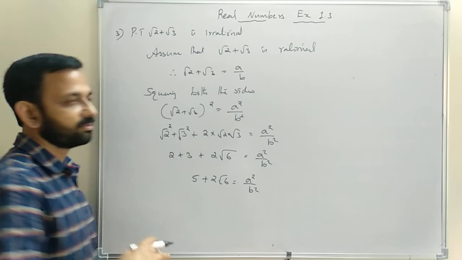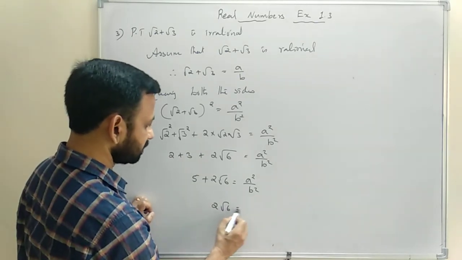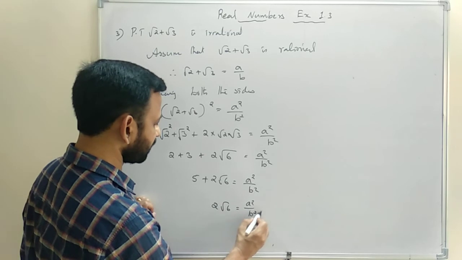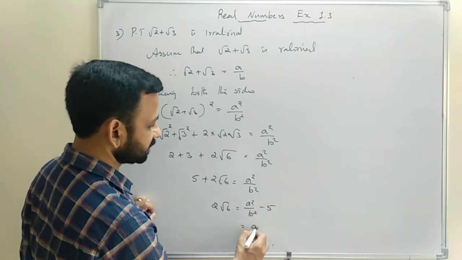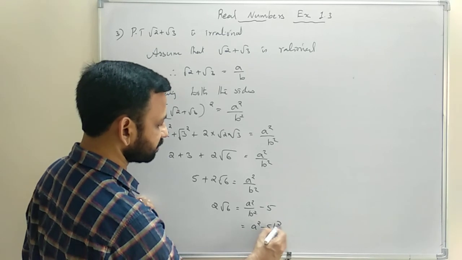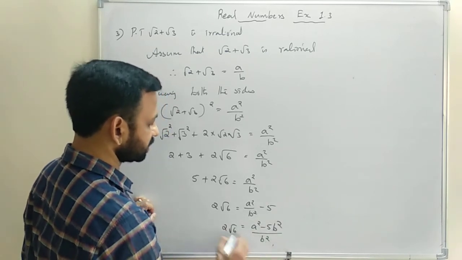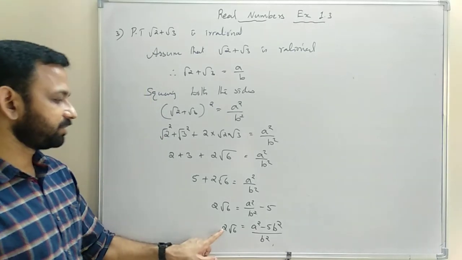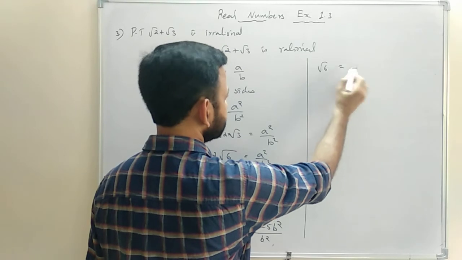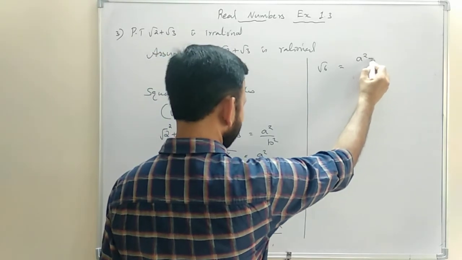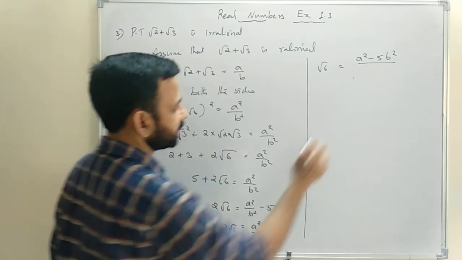Now we can take 5 from left to right. That is, 2 root 6 is equal to a square upon b square minus 5. Taking LCM, a square minus 5b square upon b square, that is 2 into root 6. Now we can take 2 from left to right. That is, root 6 is equal to a square minus 5b square upon 2b square, as the 2 will go to the denominator.